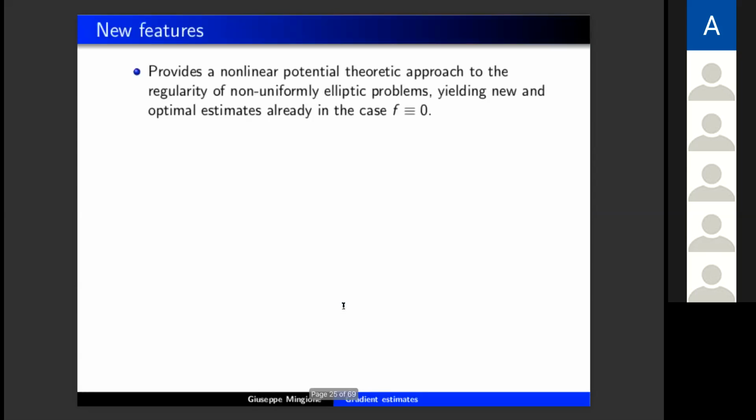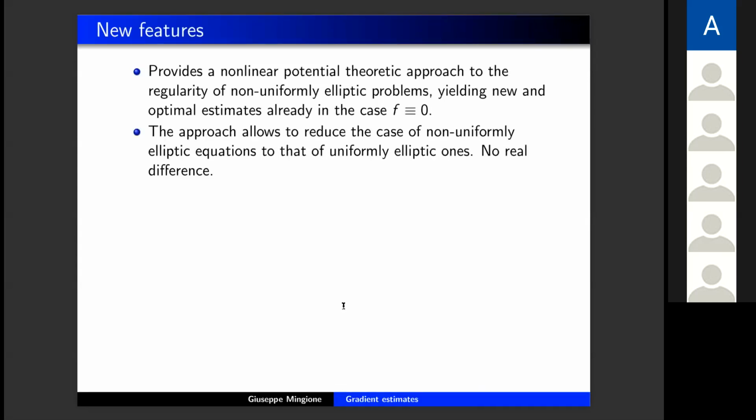Okay, so the new features of these proofs are, so we get a nonlinear potential theoretic approach that provides also a new proof in the standard case, f equal to 0, and then also in this case we get new estimates. The whole idea is to make a trick that reduces non-uniformly elliptic operators to uniformly elliptic ones.